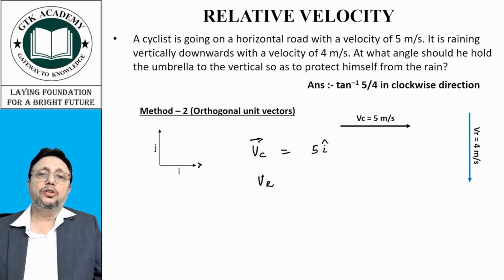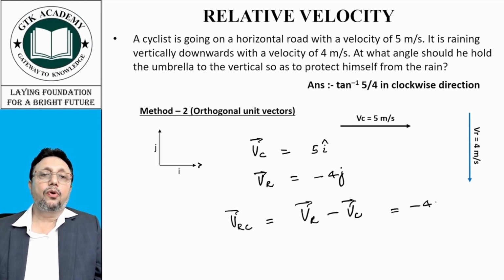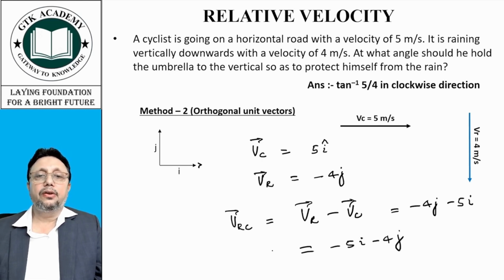And VR, velocity of rain, is in reverse direction of j, so minus 4j. That means velocity of rain relative to cyclist is equal to velocity of rain minus velocity of cyclist, which is minus 4j minus 5i. We can write in order: minus 5i minus 4j. This is your VRC.